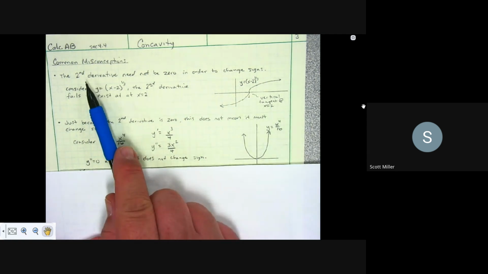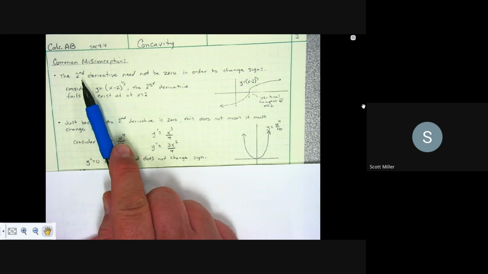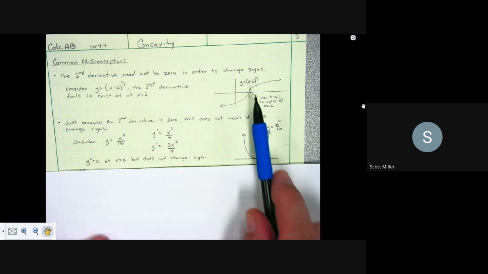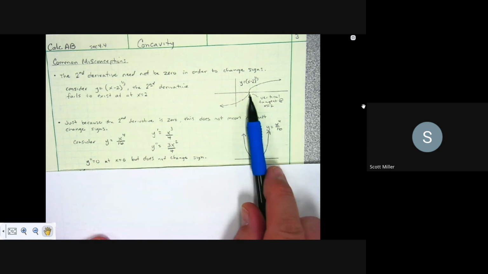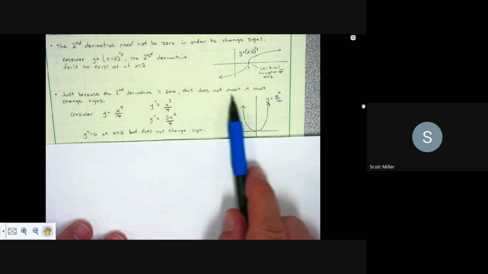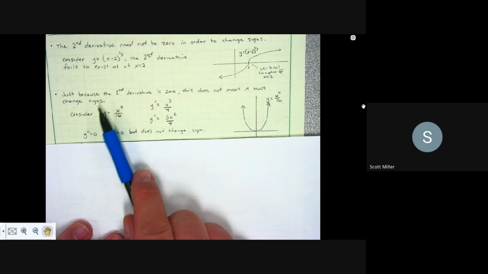But remember what I told you. We check for the second derivative to be 0 or undefined, but the point of inflection must exist on the original function. So this is going to be the point of inflection. Just because the second derivative is 0, this does not mean it must change signs. So again, remember I said very clearly that when you set the second derivative equal to 0 or undefined, these are possible points of inflection.